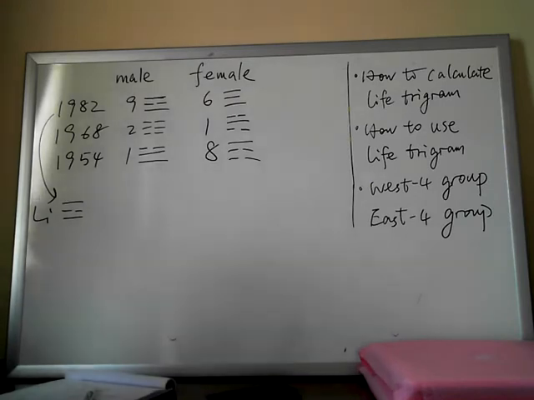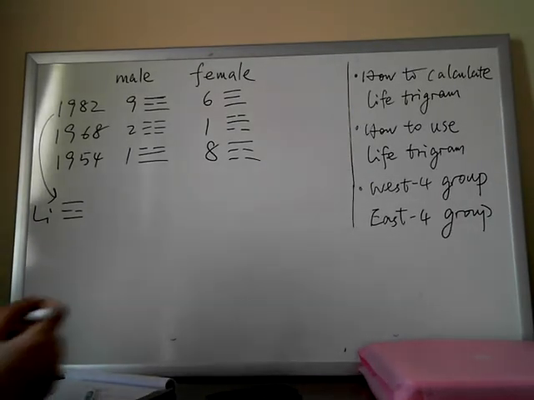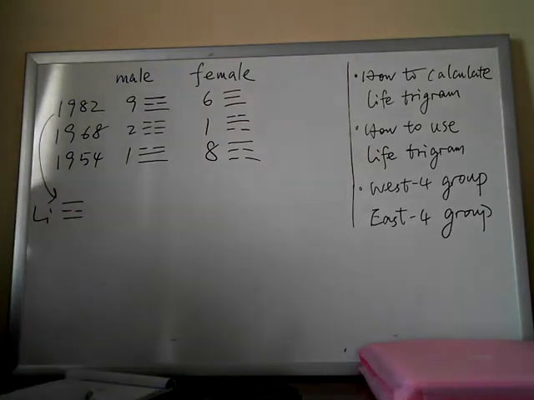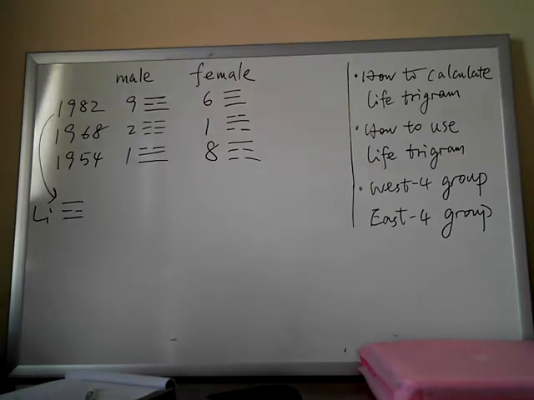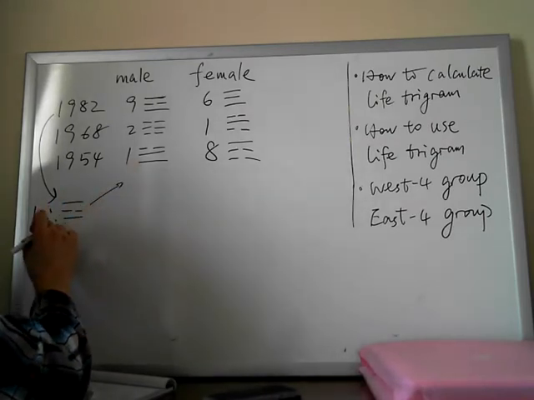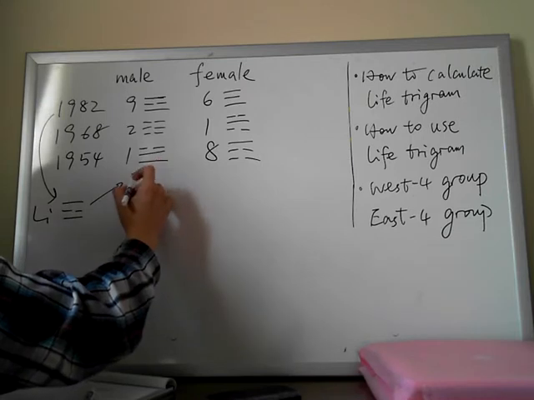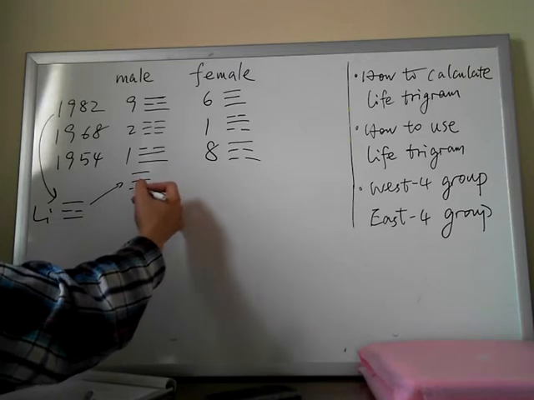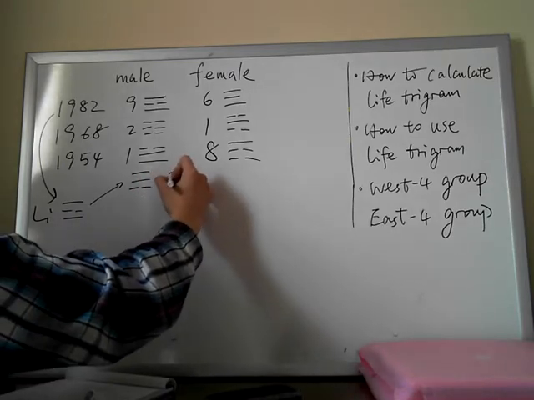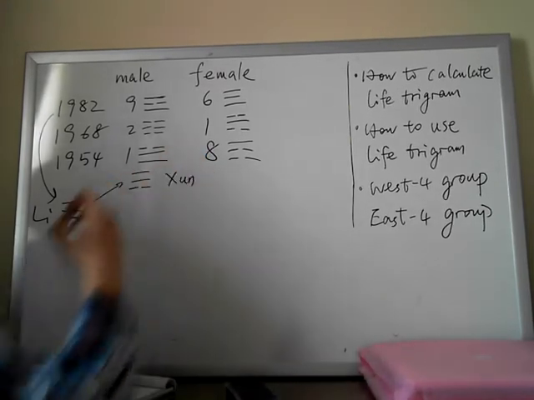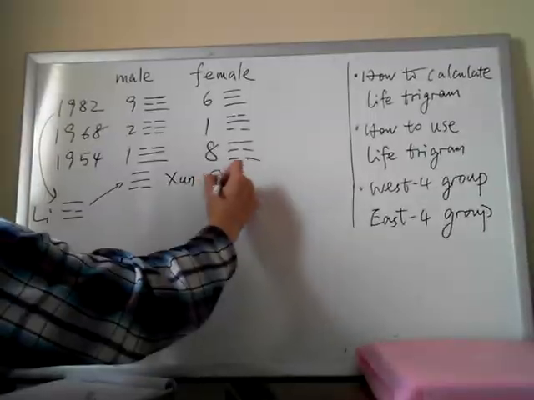If you still remember the line change rule we talked about in the previous classes, for the trigram Li, if I change the middle line and the bottom line, I get another trigram which is Xun, which is southeast.